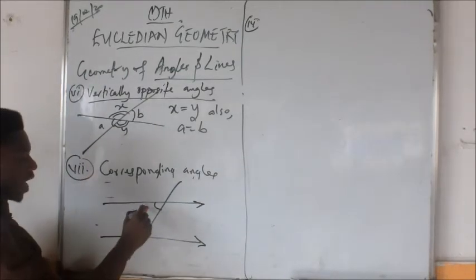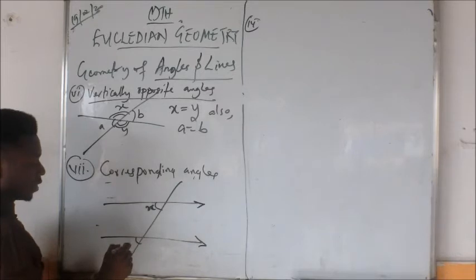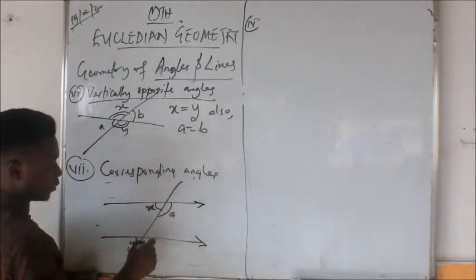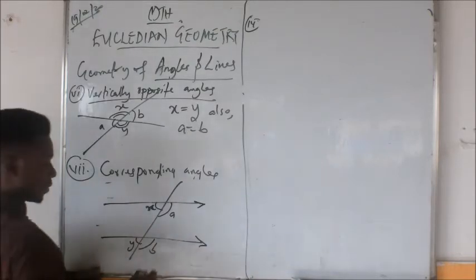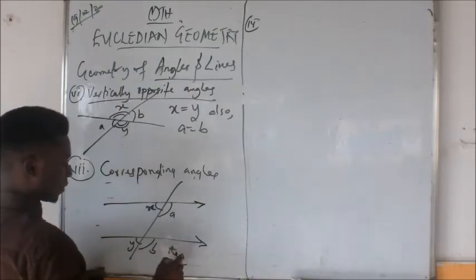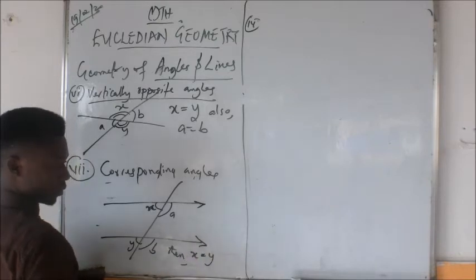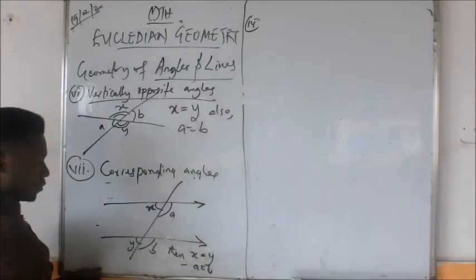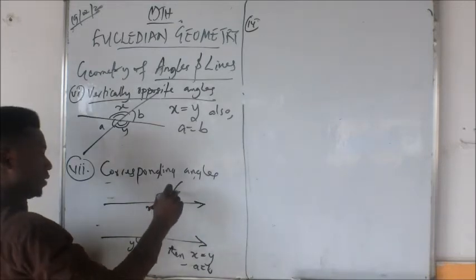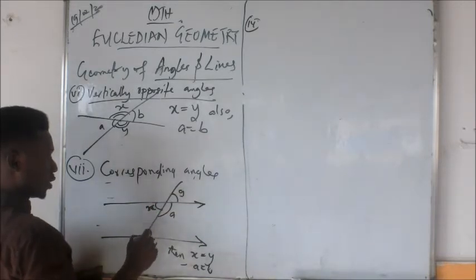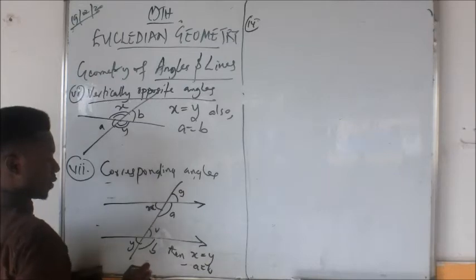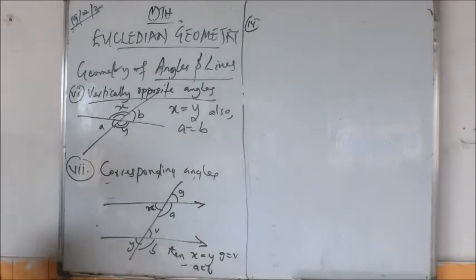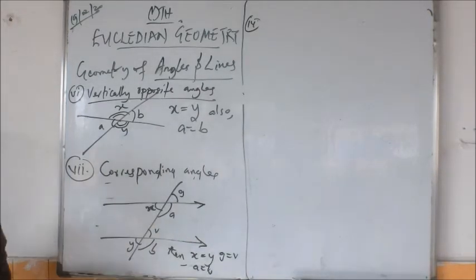So if this is x and this is y, this is A and this is B, then x is equal to y, and A equals B. Likewise, if this is G and this is V, then G is the same thing as V. Why? Because they correspond.